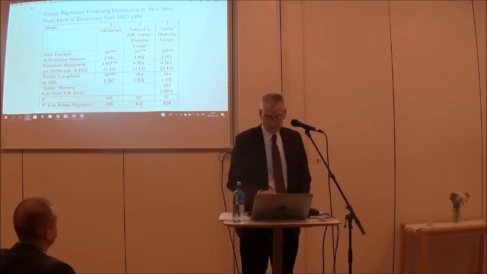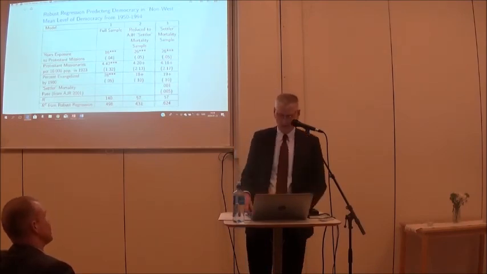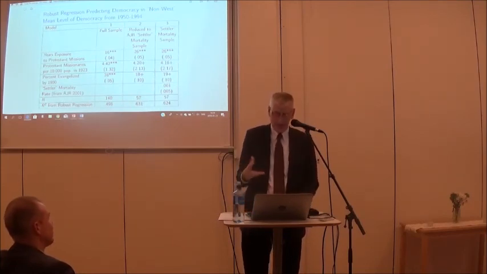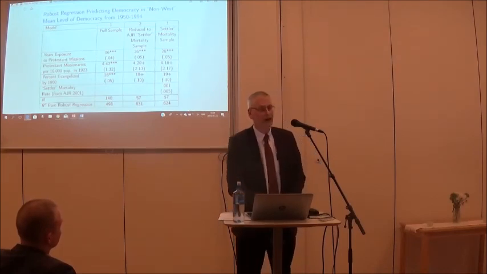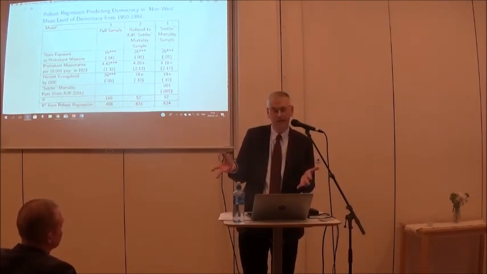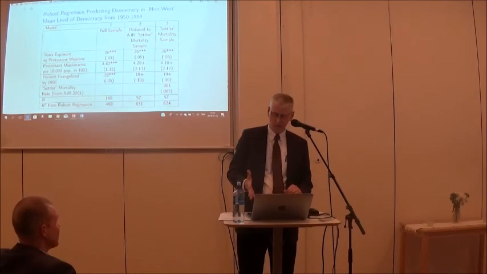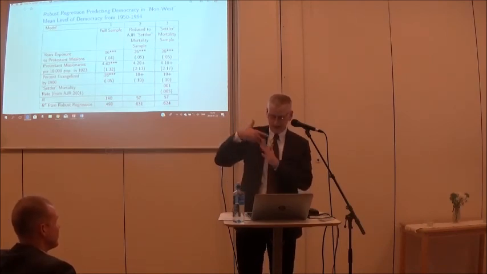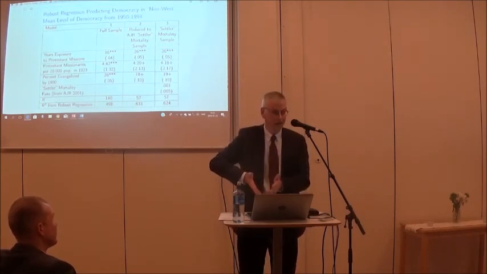Okay, so what Woodbury does is he adds that settler mortality rate variable to his regression, to see how well it does. And one problem with the settler mortality rate variable is we only have this data for n equals 57 countries, whereas Woodbury's data is for 140 countries. Now that's not a problem with Woodbury's analysis, that's a limitation of the data connected with settler mortality. So in column 2, Woodbury runs the same regression, but on the data of 57 countries where we have this settler mortality rate data.